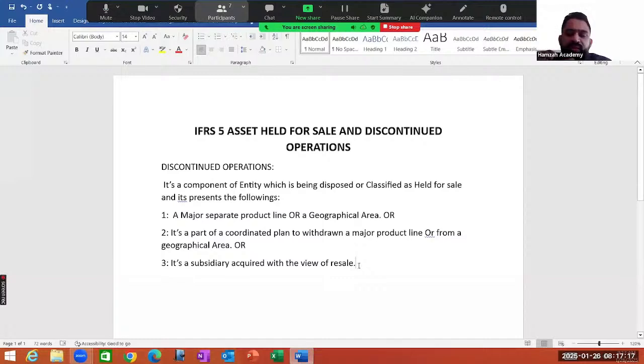If any of the criteria in that definition is fulfilled, then that operation will be classified as a discontinued operation.